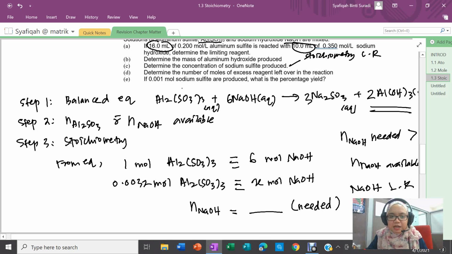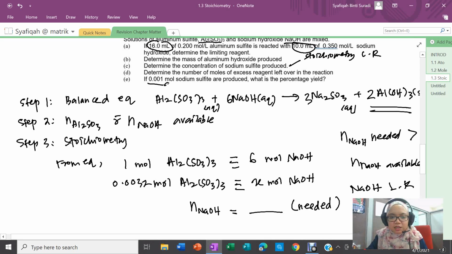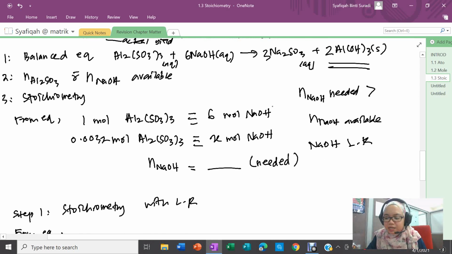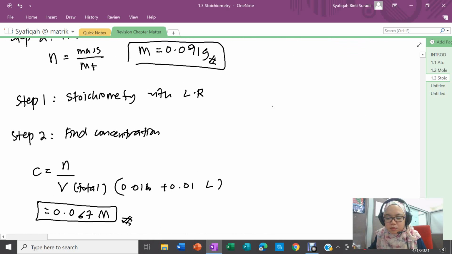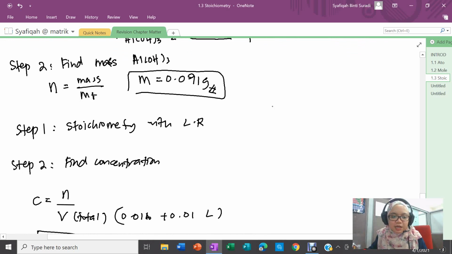Okay, dia bagi kita actual yield. So, this is the actual yield. Kita kena cek theoretical yield. Theoretical yield yang mana? Kita dah dapat tadi. Okay, tadi kita dah cari kita punya concentration of ni kan?